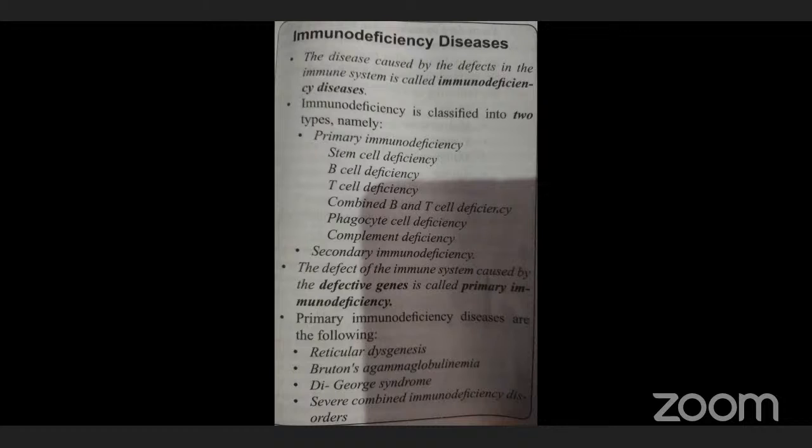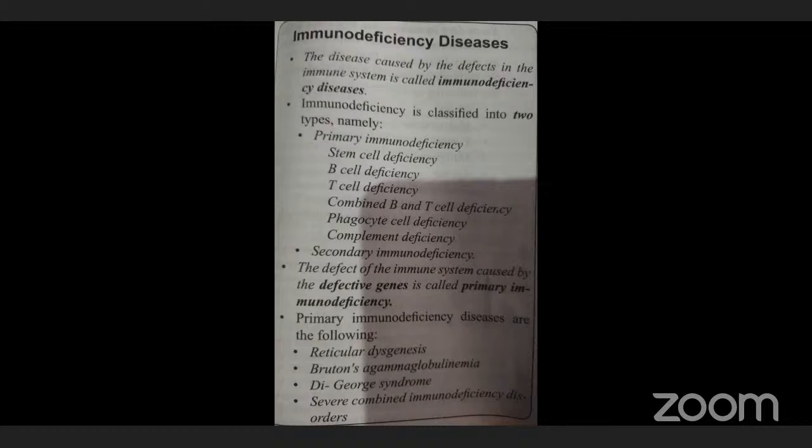We will discuss one by one. First one is primary immunodeficiency. A defect of the immune system caused by defective genes is called primary immunodeficiency, which is caused only by defective genes. What are the types of primary immunodeficiency?